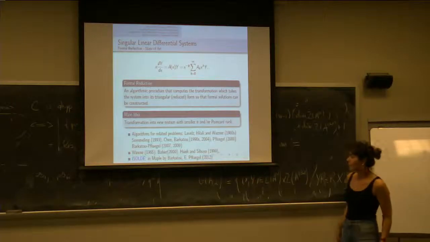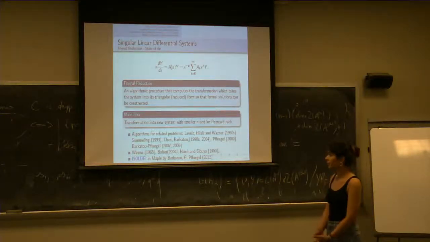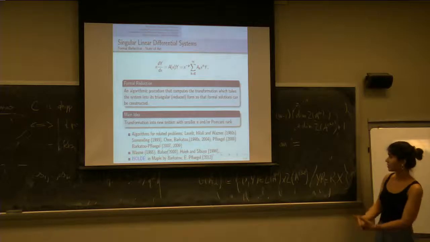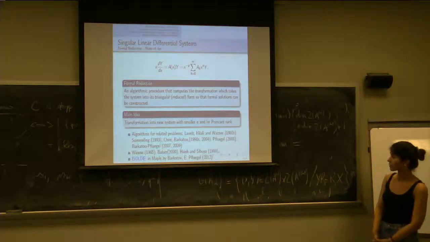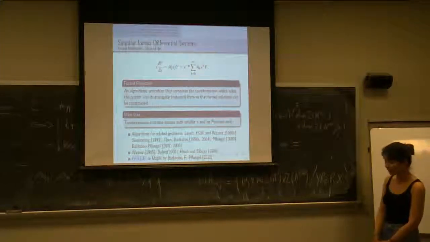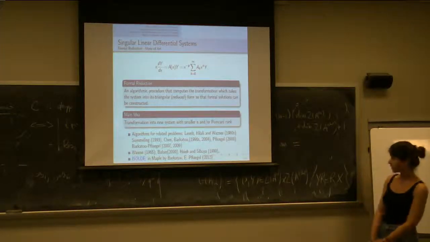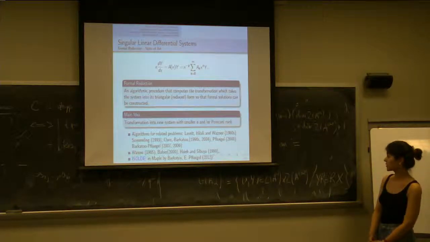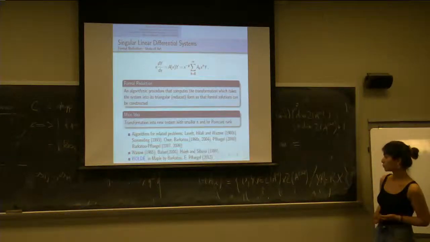So this problem had been studied extensively, and algorithms for related problems, which will lead eventually to the construction of a fundamental matrix of solutions, have been given by various authors, including Lovell, Hilali, Wesner, Sommerling, Shin, Barcato, and Fugel. The results of existence, as I said, date back to Turretin and Lovell, also to Balser, Lotz, and there are the well-known books of Vazov, Balser, Siguia on this kind of equations.